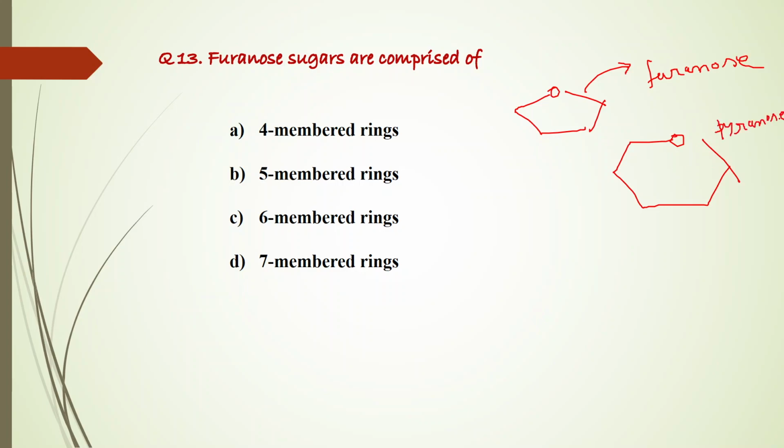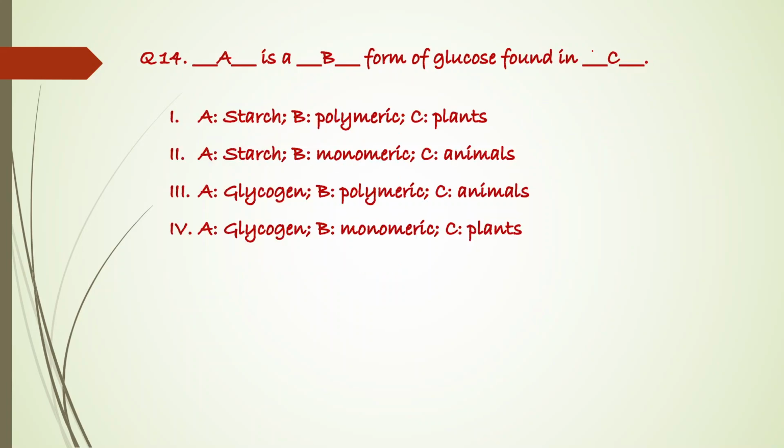So how many carbon atoms are there? 1, 2, 3, 4, and it forms a 5-membered ring in the case of furanose. So the correct option for question number 13 should be: furanose sugars are comprised of 5-membered rings. You all know that. So let us move to the next one.